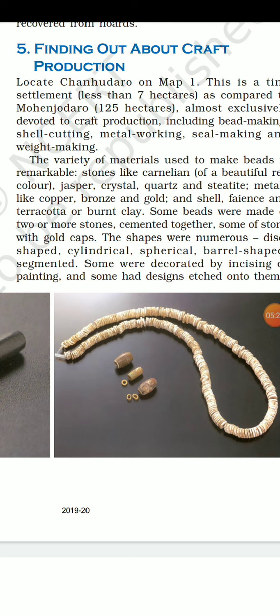Earlier we discussed what kind of material we need for making a bead: carnelian, jasper, quartz, crystal, steatite, and some metal like copper, gold, silver, and also shell, faience, and terracotta. We need all these things to make a bead.